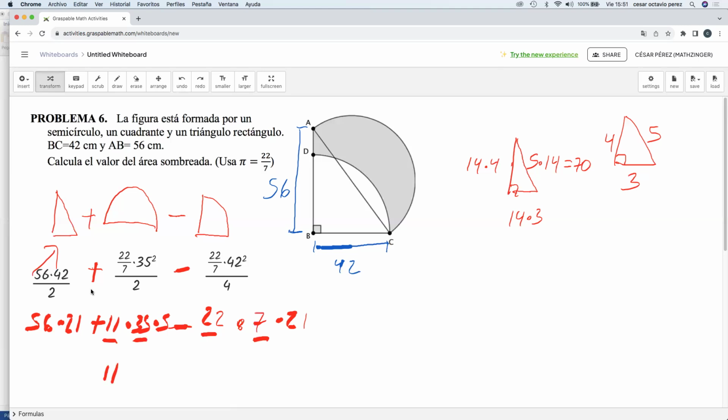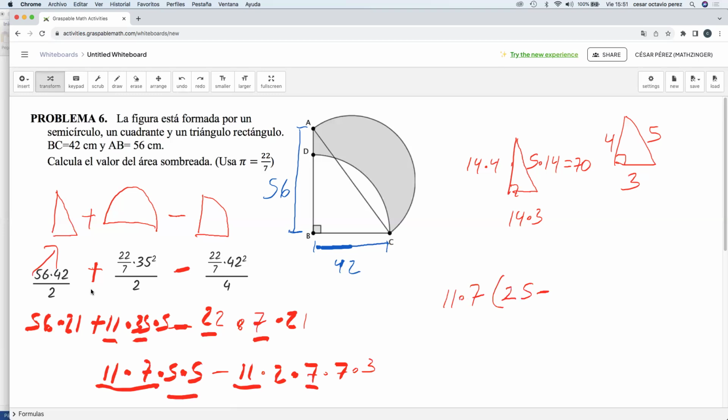Okay, this is 11 times 7 times 5 times 5 minus 11 times 2 times 7 times 7 times 3. We have this common: 11 times 7 times 25 minus 42. That's right.